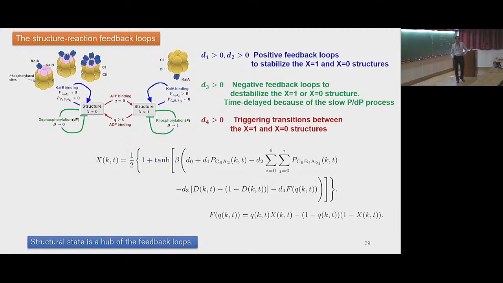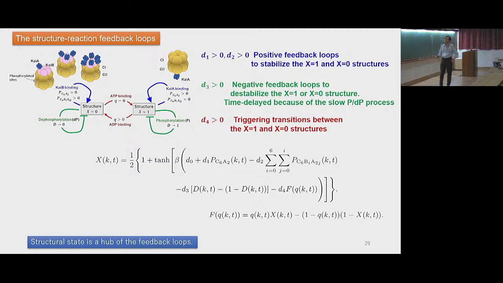The main assumptions in the model are the definitions of these parameters, D1, D2, D3, and D4. By choosing these parameters positive, that represents the positive and negative feedback. When D1 and D2 are positive, this implies positive feedback induced upon the binding of KaiA or KaiB.